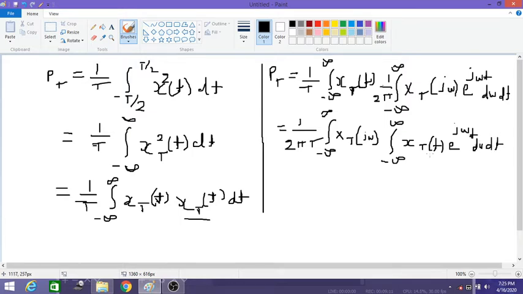Now if you look at this term, it looks exactly like our Fourier transform, but the only difference is that here the minus sign is missing.